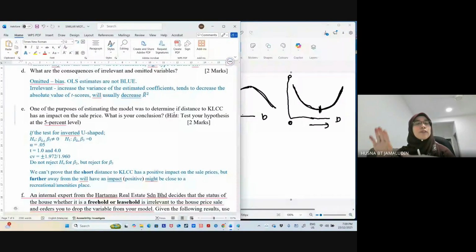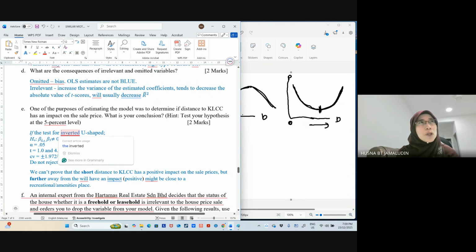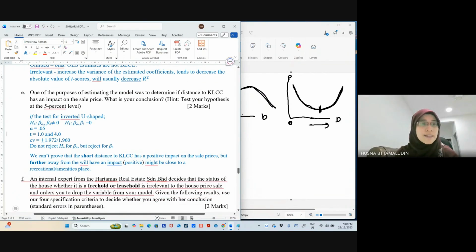It may have U shape or inverted U shape. So there are two ways because you are not sure the signs of the variable. The question doesn't tell you, but you have to figure out. For the distance, will it have a positive impact or it could also have negative impact because you are not sure to tell. Then you test.